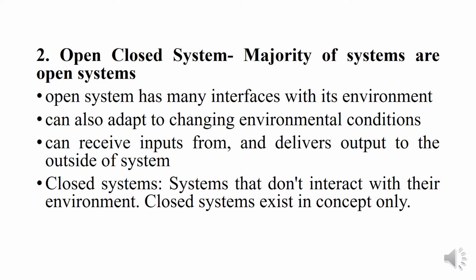An open system can also adapt itself to changing environment conditions, which is more preferable nowadays. An open system can receive input from and deliver output to the outside of the system, the environment.